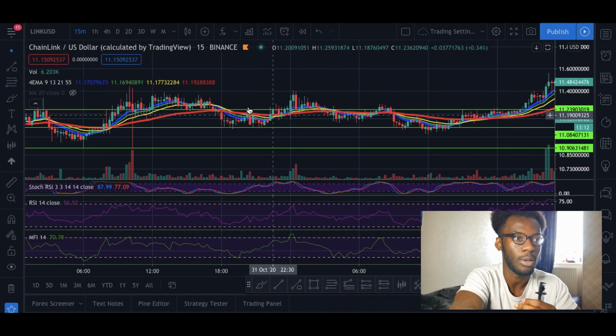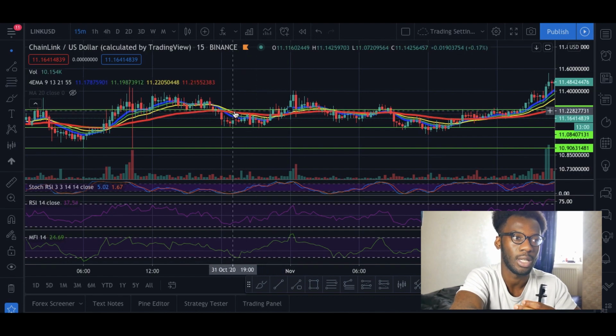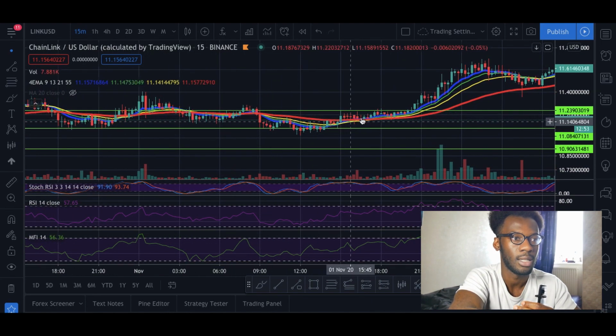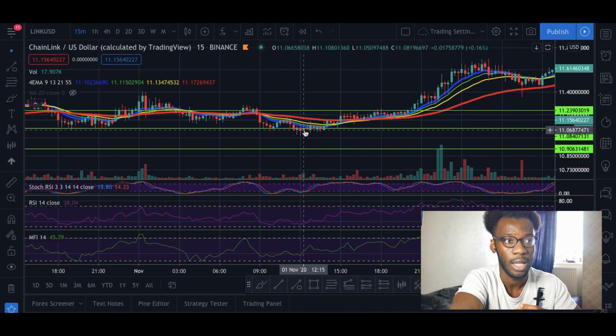Not so much here, but like I said, if you use it in conjunction with the RSI, so from here to here or so, maybe it wouldn't have been the best trade setup, you would have maybe broken even, but in general it tends to be quite reliable. You can see from here to here or so, in conjunction with the RSI, if you'd sold here and then taken profit here when the RSI is in the oversold territory, you'd be sweet.